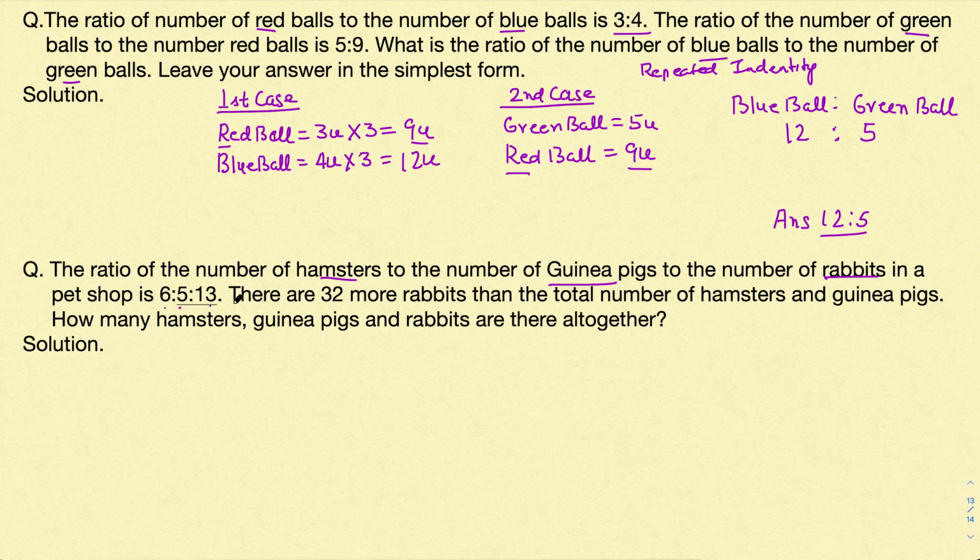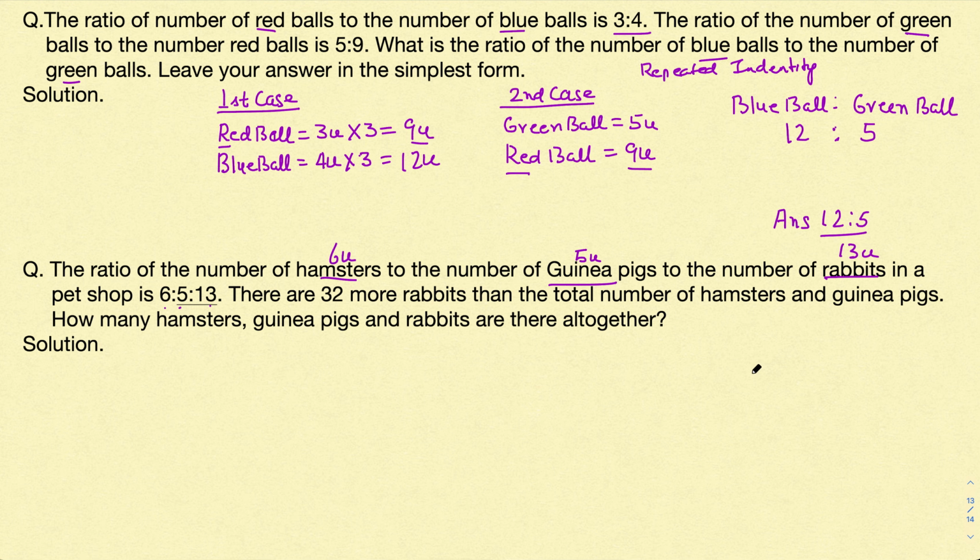So what I mean is hamsters are 6 units, guinea pigs are 5 units, and rabbits are 13 units. Now there are 32 more rabbits than the total number of hamsters and guinea pigs.